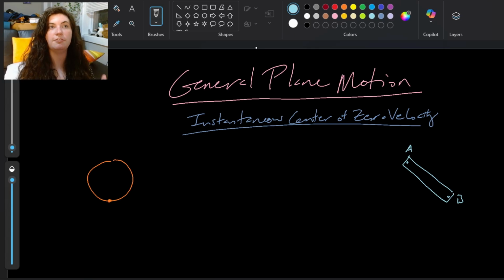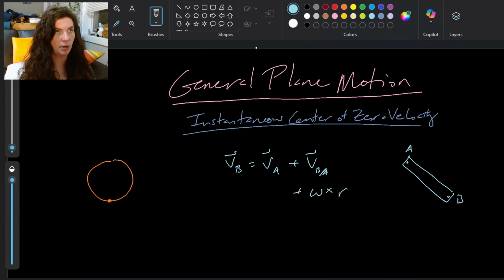Instead, what we're going to do is find that point where we have zero velocity. So there is a point of the system that has zero velocity, and if we can find what that point is, we can use that as our base point and simplify the calculations a little bit. Because normally we're working with our VB equals VA plus VB with respect to A, or sometimes we wrote this as plus omega cross product with RB with respect to A, whichever way you want to write that last velocity term.